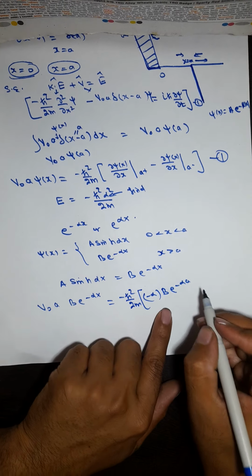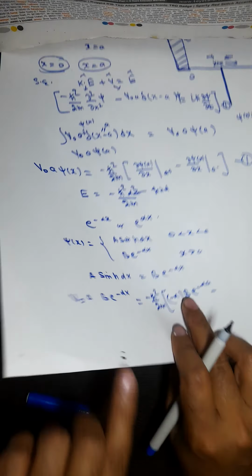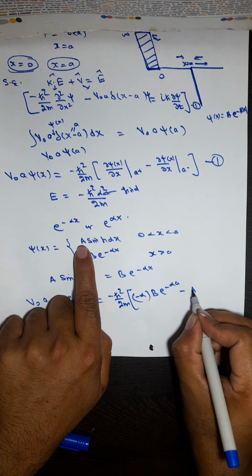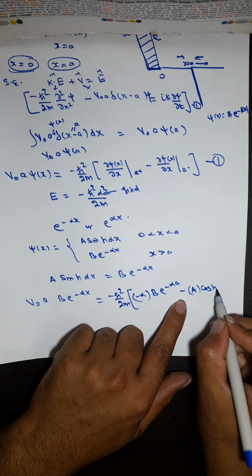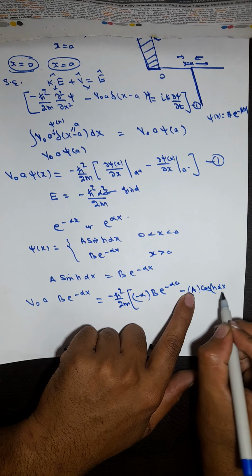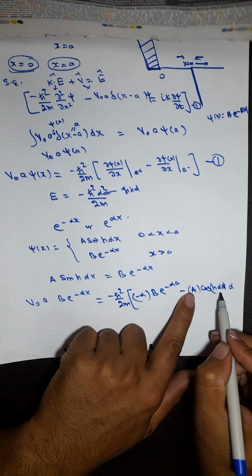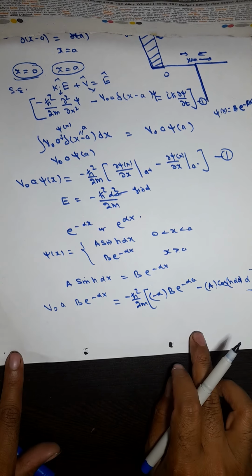And then minus delta psi by delta x, where psi is a sinh(alpha x). The derivative of sinh is cosh(alpha x) times alpha.